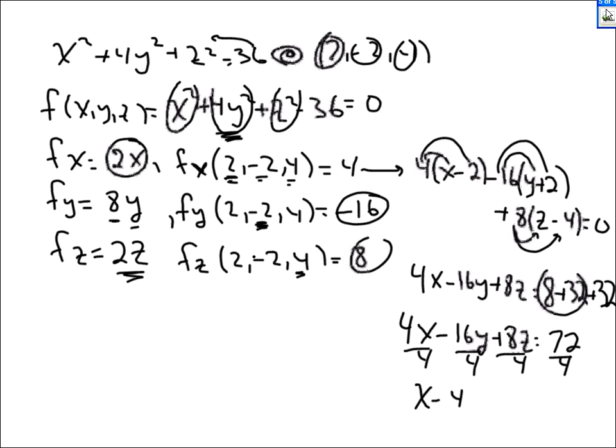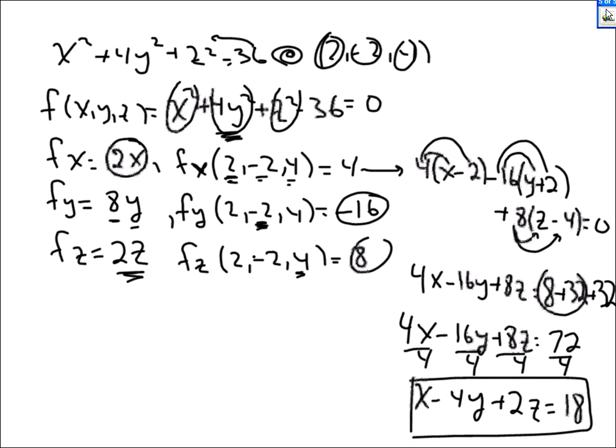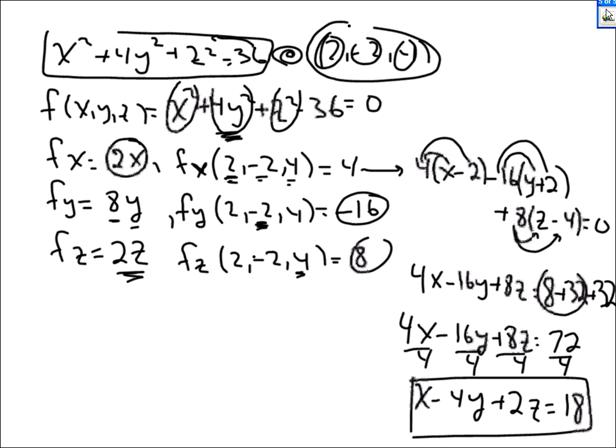Get x minus 4y plus 2z equals 18. Minus some silly error, that is the equation of the tangent plane to this surface at that point.